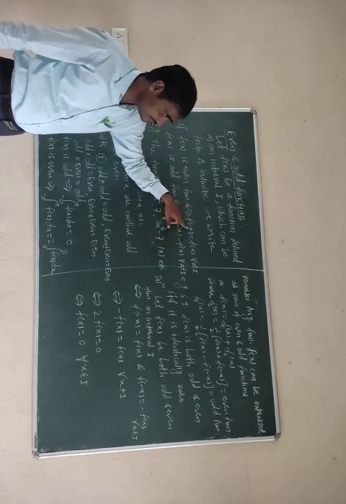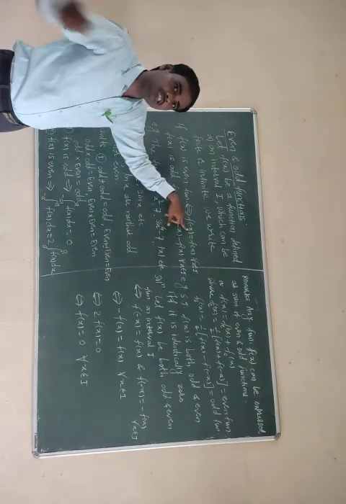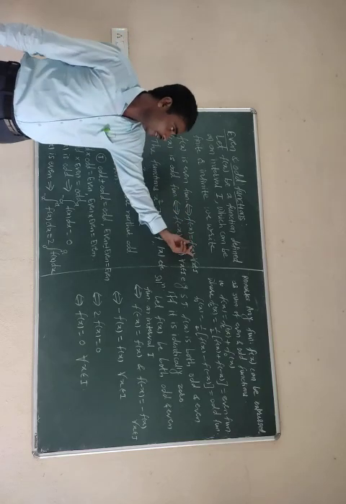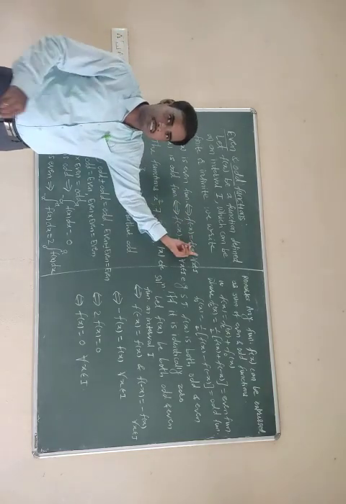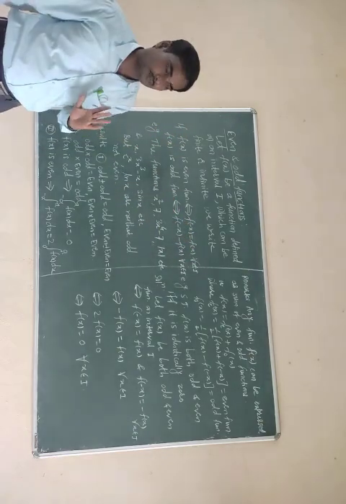Now f of minus x equals f of x means what? We have to replace x by minus x in the original function, then you will get the original function as it is. Then we say that the function is an even function.